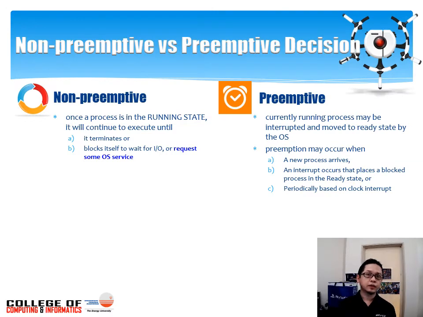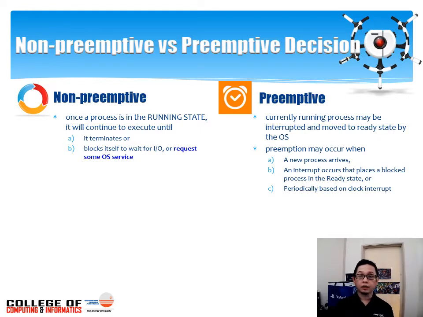So before we go further, let's look at the difference between non-preemptive and preemptive methods. Non-preemptive means that once a process is running, it will continue to run until it finishes all the required time with the CPU. So let's say a process requires 3 CPU time, it will spend 3 CPU time with the CPU until it finishes, and all other processes need to wait until all those 3 slots with the CPU finish.